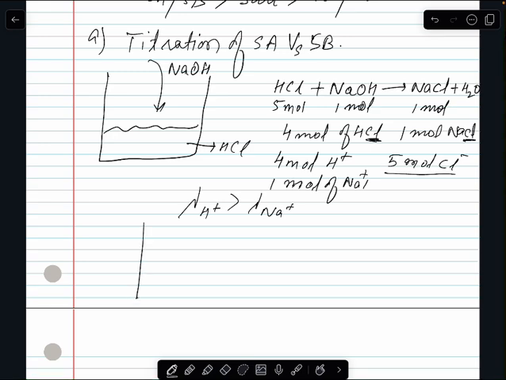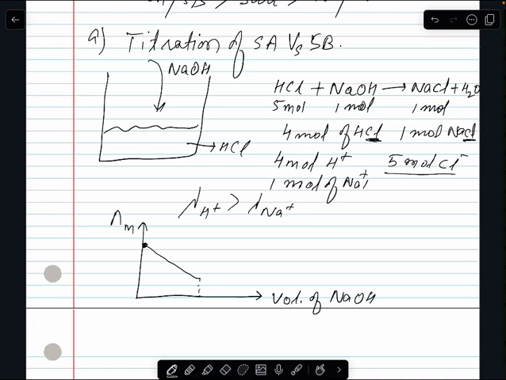So how will the graph look if I plot conductivity versus volume of NaOH? Certainly the conductivity will start to decrease. It will decrease till all the HCl in the solution has been converted to NaCl by the incoming NaOH.